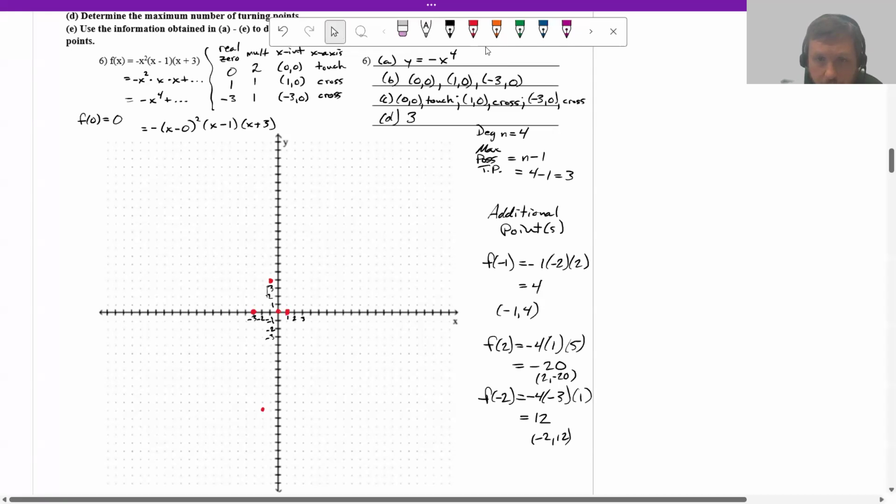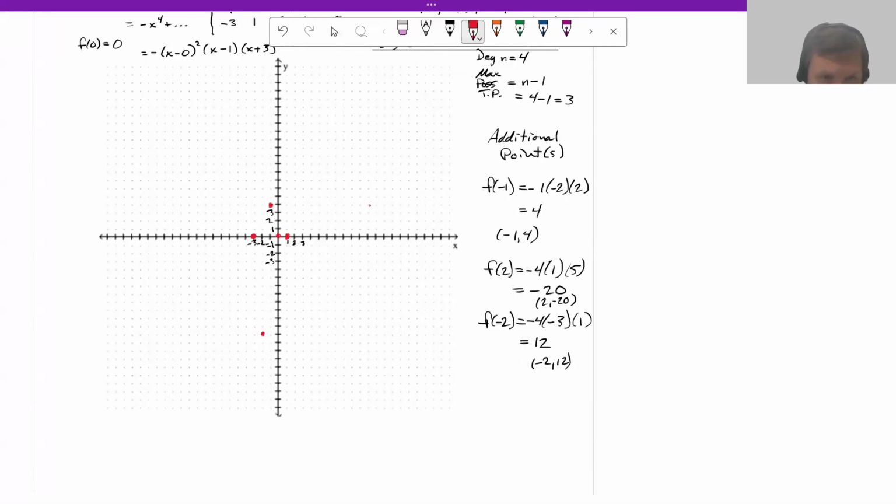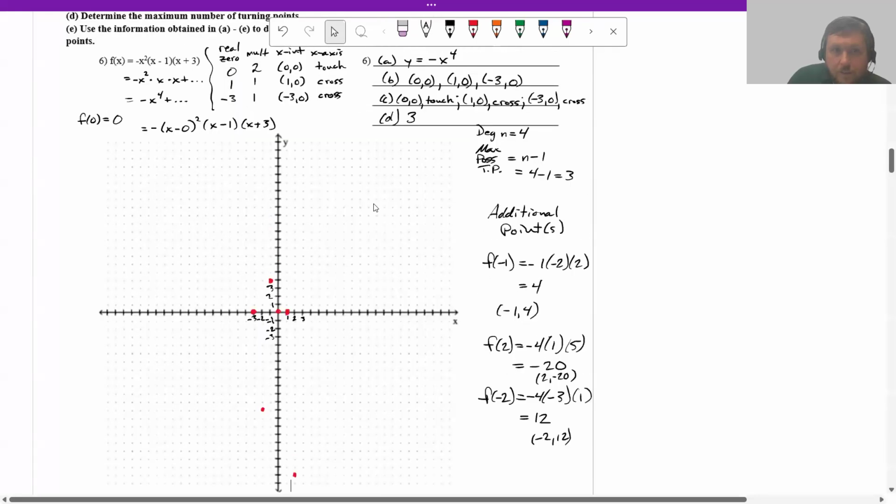And let's see, 2 and -20. And some knowledge about stuff.